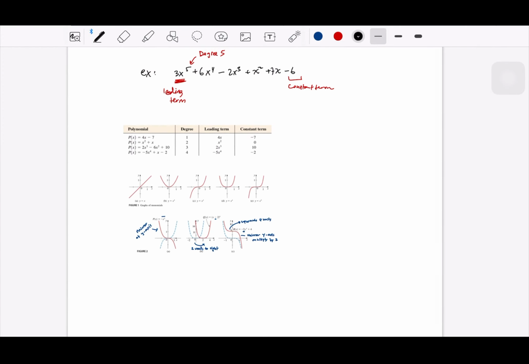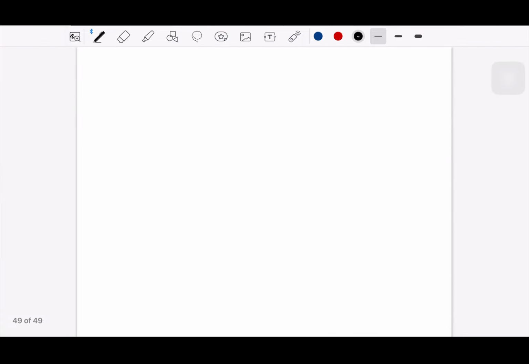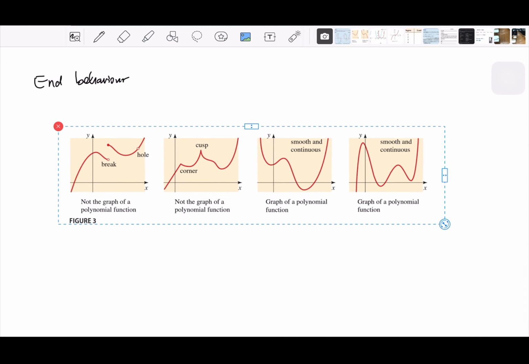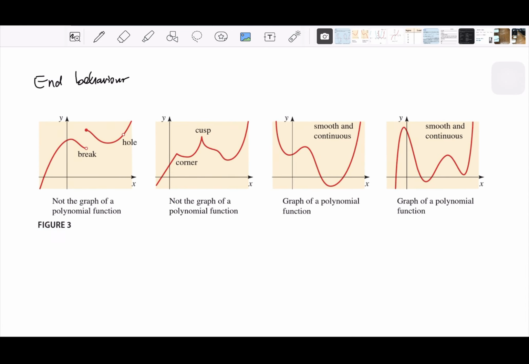Next, we are going to see the end behavior. Polynomial functions are smooth and continuous.